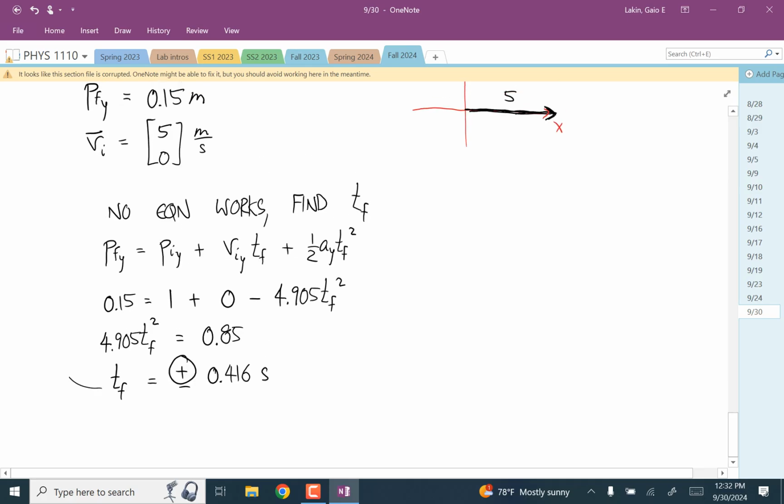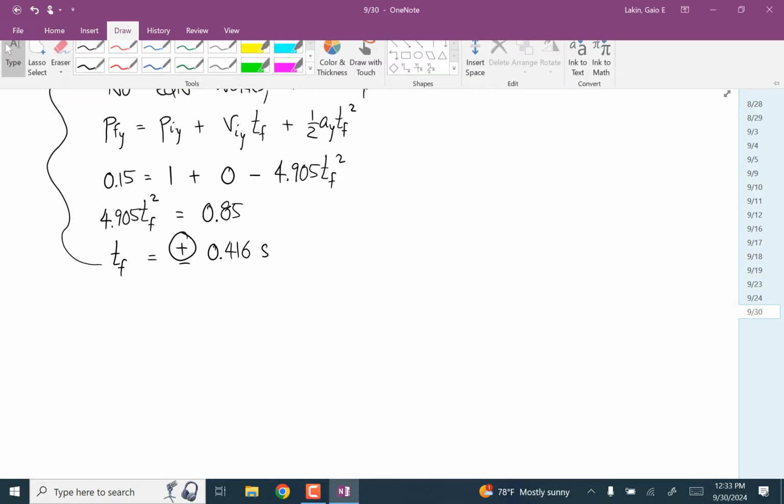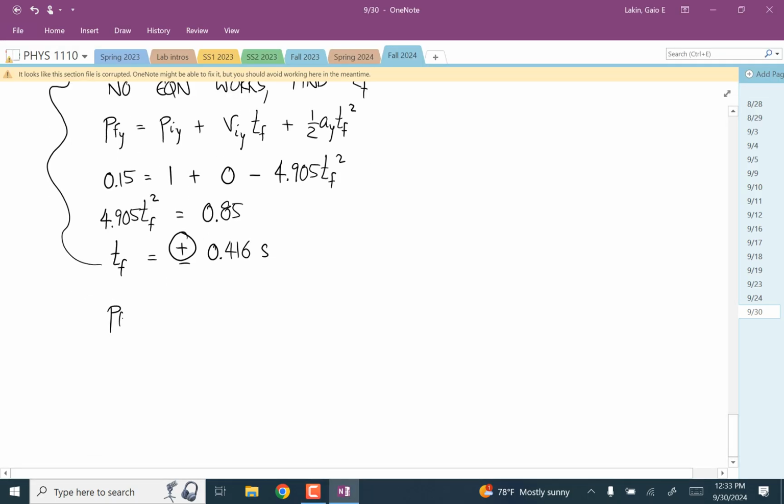And so now that's one more variable we know. You can put it in here in your table. And then I guess take a minute again and see if you can figure out what equation we're going to use to get the answer that we want. Now we can use pfx is equal to pix plus vix tf plus 1/2 ax tf squared.